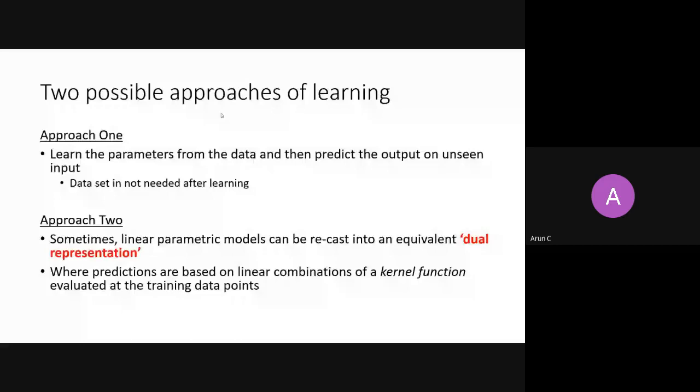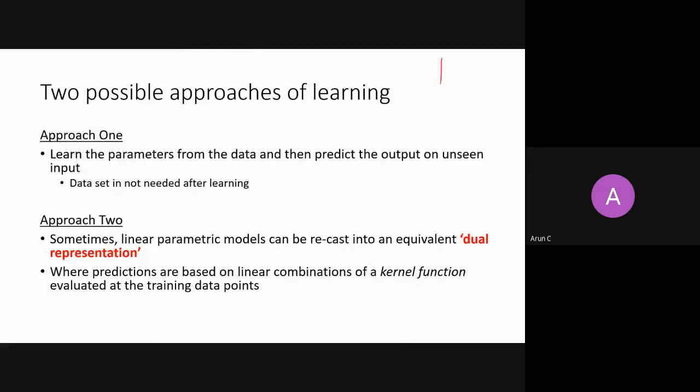Then the only thing left is to find the parameters of that model, meaning intercept and slope. The moment you know the parameters of the model, you can leave the data aside, and every time you want to predict, you can use that same line.